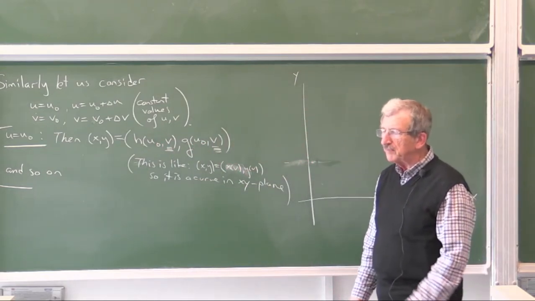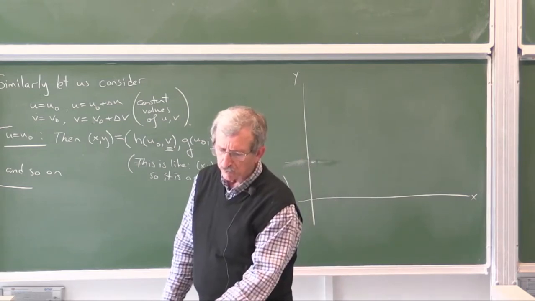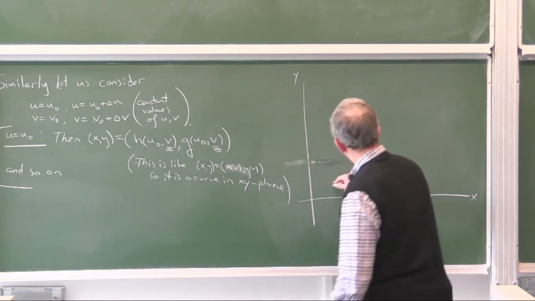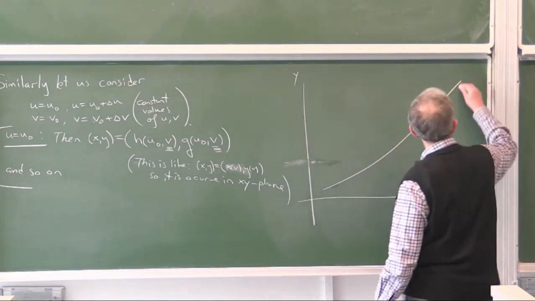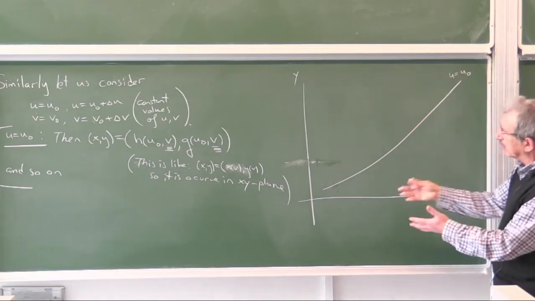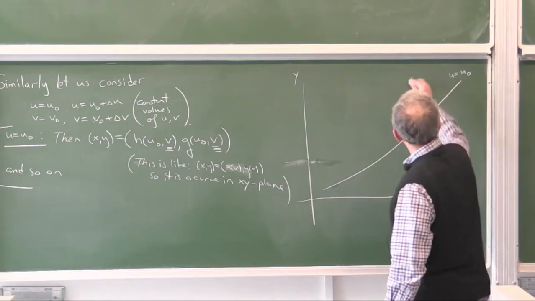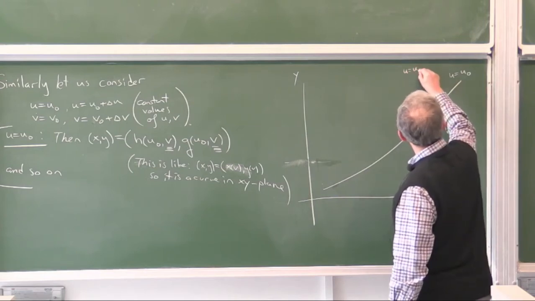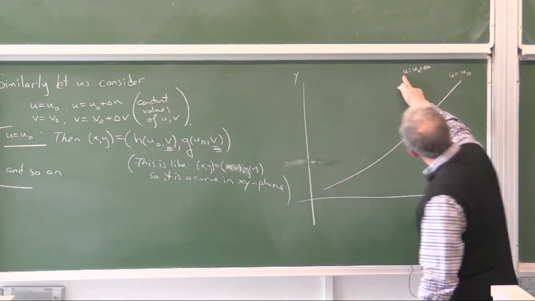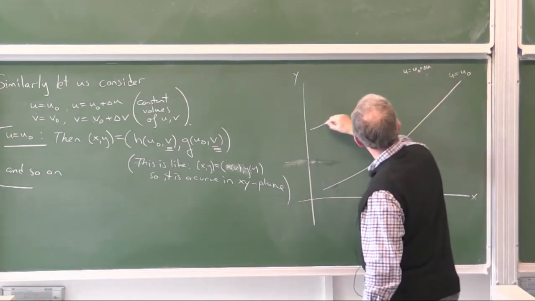Let me show it right here, for instance. Say this is the U is u0 curve. If I say u is u0 plus delta u, again u is constant, but a different constant, so we get a different curve.